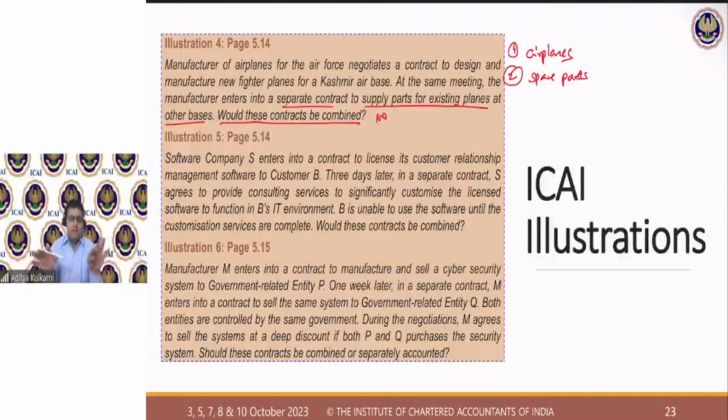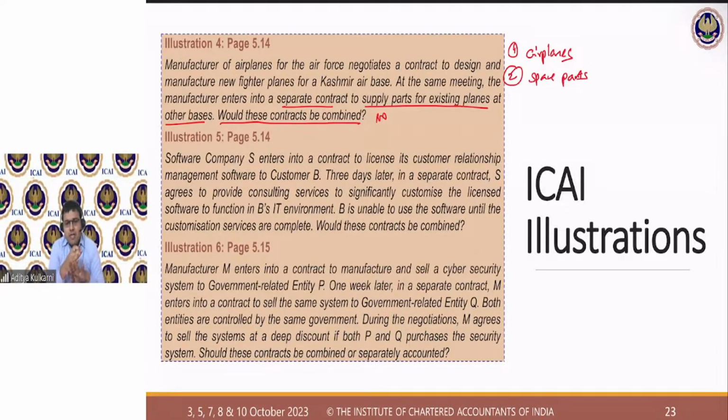They are different. So even if you had to enter a different contract for the purposes of maintenance services, the revenue for the maintenance services has no bearing on the purchase of the flat. So if they are entered into in a single contract, we treat them as separate performance obligations.